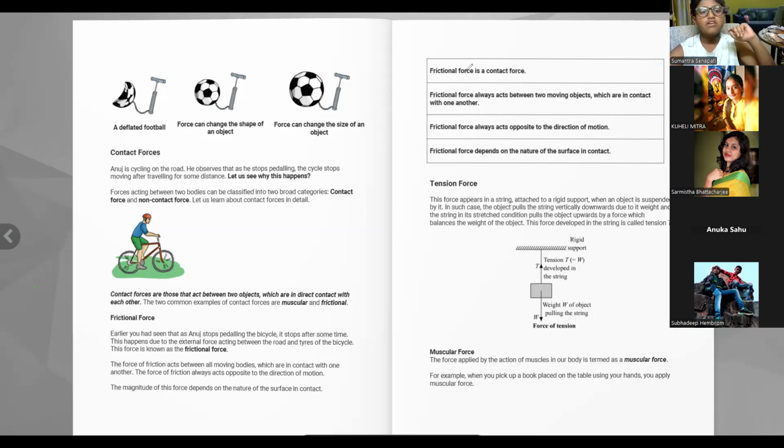The answer will be rough surfaces, as there are some spaces between the rough surfaces and the bent up and down parts by which they interlock. And the second is due to adhesion between the two surfaces.